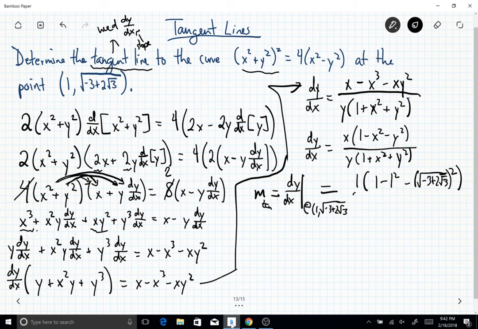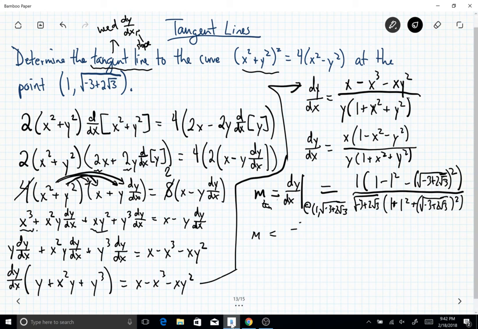Okay. All of this is divided by y, which is that square root of negative 3 plus 2 root 3. And in this case, we're going to go 1 plus our 1 squared plus our y squared, which is the square root of negative 3 plus 2 root 3, and then we want to square that quantity, and close it. Wowzers. So this slope of the tangent line, notice what happens in the numerator.